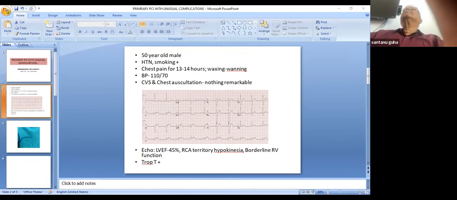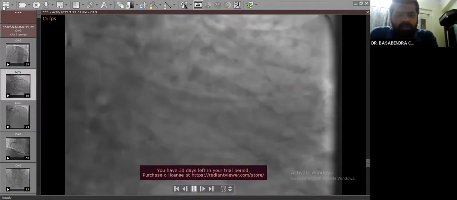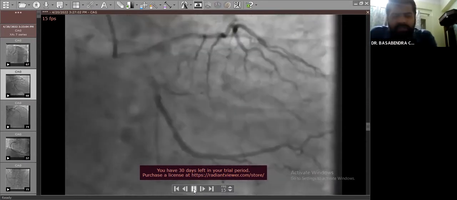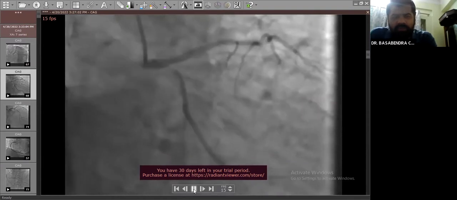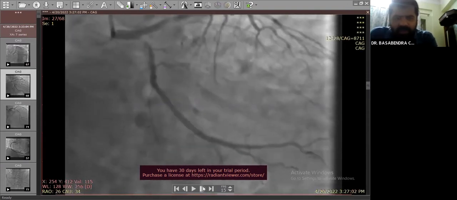As we can see, the left main appears to be more or less normal. The LCX is showing a tight stenosis, around 95 to 99% right at the ostium. The proximal LAD showed minor disease.